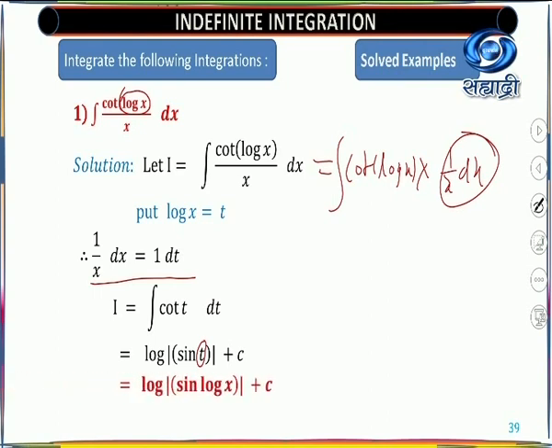Sine of this log is from the substitution, that is the value of t. So you will get log of mod of sine of log of x. It is such a complicated function. You will get a composite of composite functions, that means f of g of h, three functions and their composite. So log of mod of sine of log of x plus constant of integration.